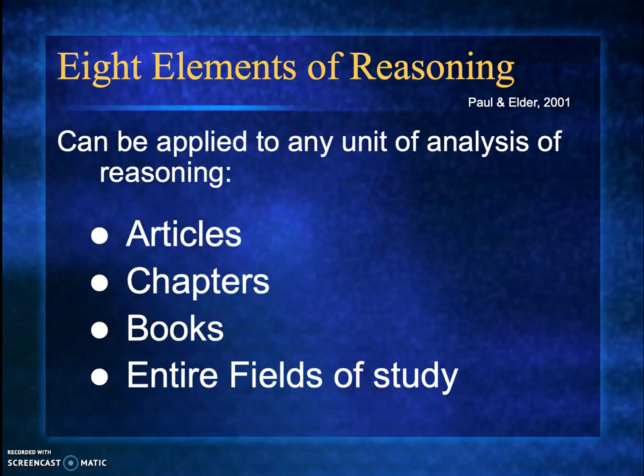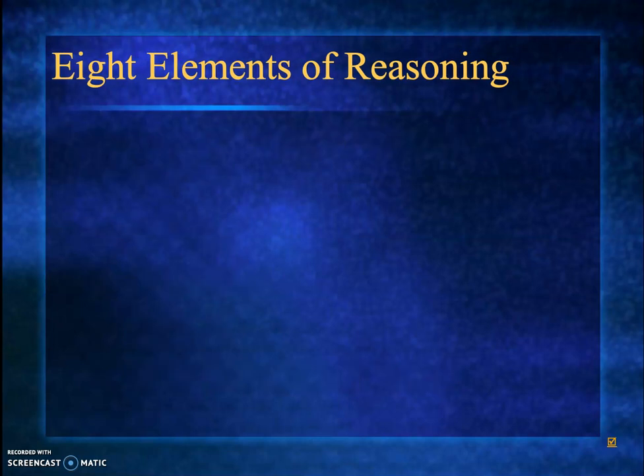And so one of the things that they've done is they've painstakingly in many of their books actually taken through and defined, for example, entire disciplines, psychology and philosophy, mathematics and biology, from these 8 elements, really just to prove their point that virtually anything can be analyzed using these 8 elements of reasoning.